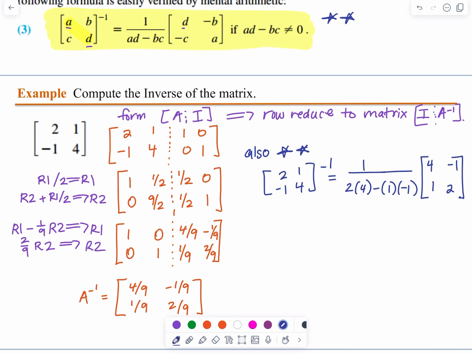And so if we do that, we have 1/9 of our matrix here to the right, and of course we end up with the same result as we found here.